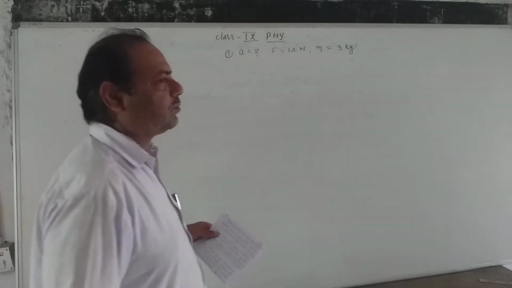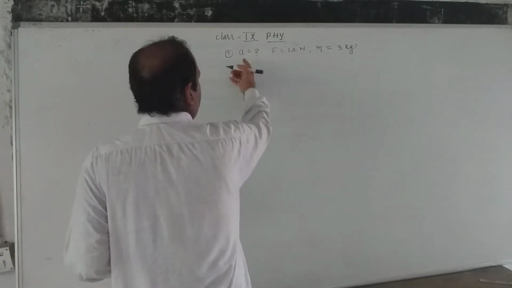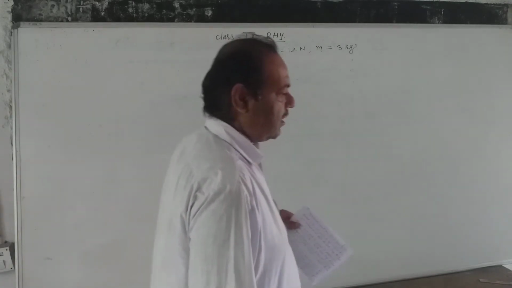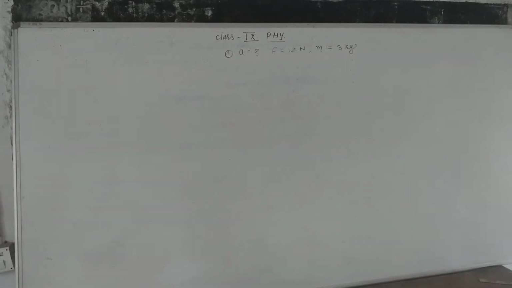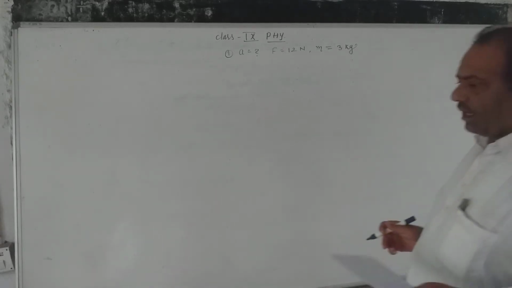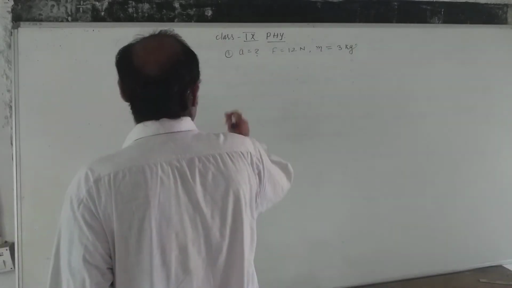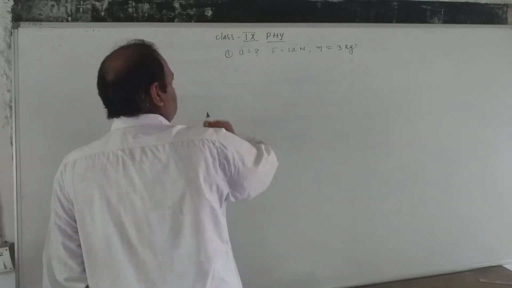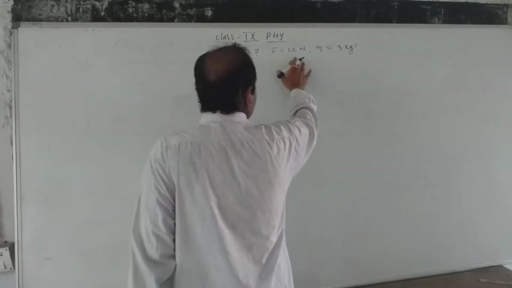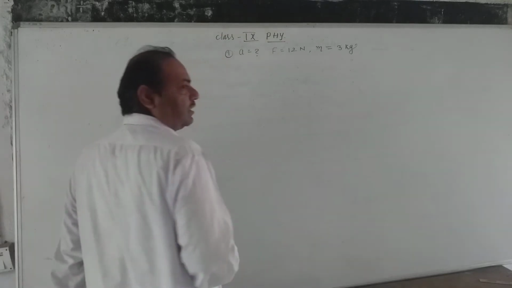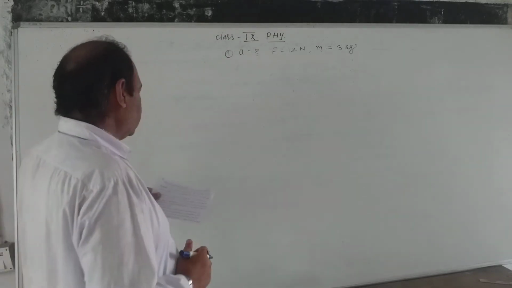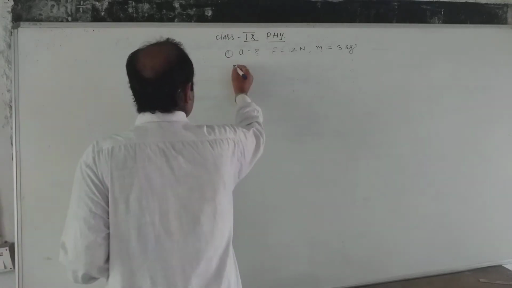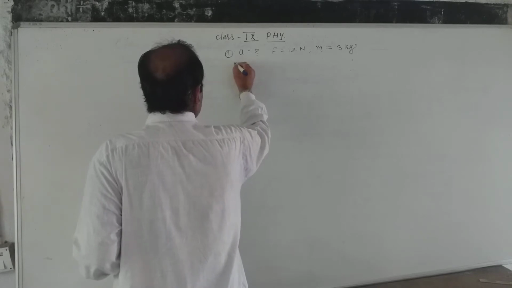Now we have to find the value of A. Now you have to see here, A is equal to what? F is equal to 12 N and M is equal to 3 kg. We use the formula F is equal to MA.